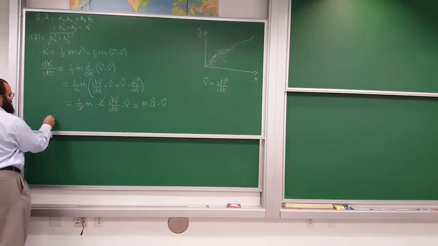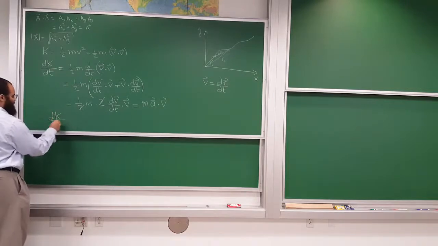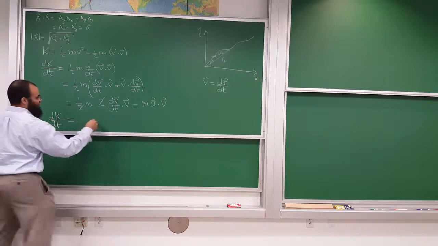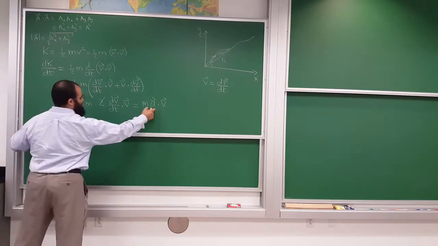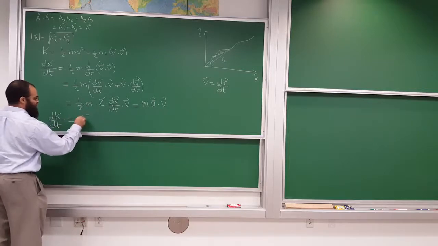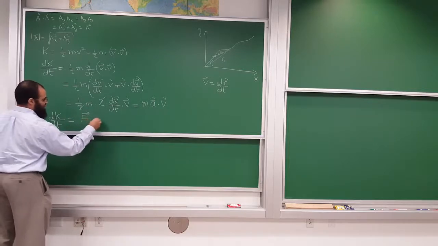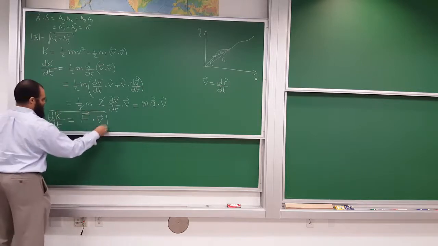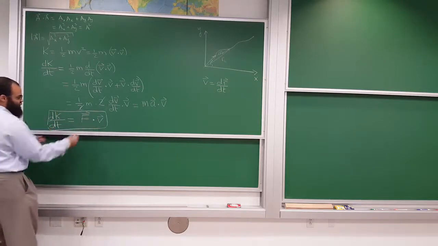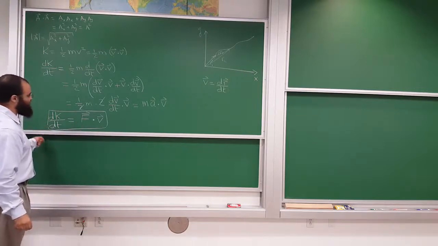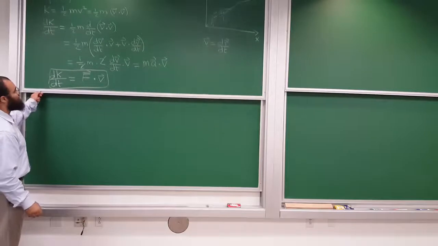We have dK/dt, the rate of change of the kinetic energy with respect to time, is equal to ma, but what's ma? ma is the force. That's the net force on the object. Dot v. This is also, we know, the power. So I'm going to write this same expression on the next board.